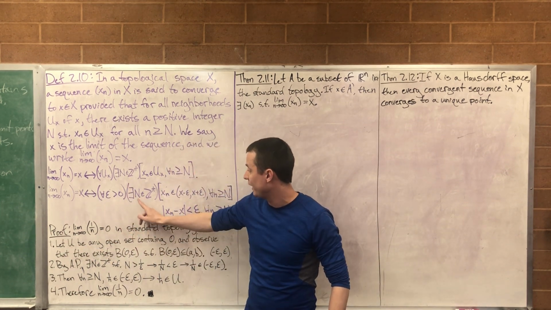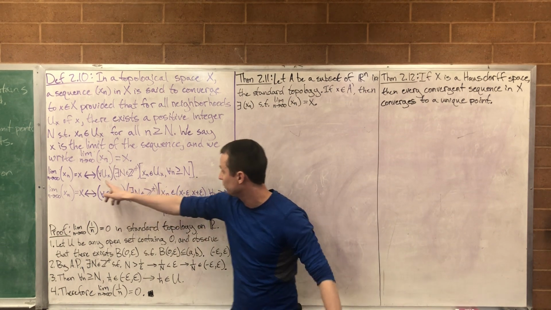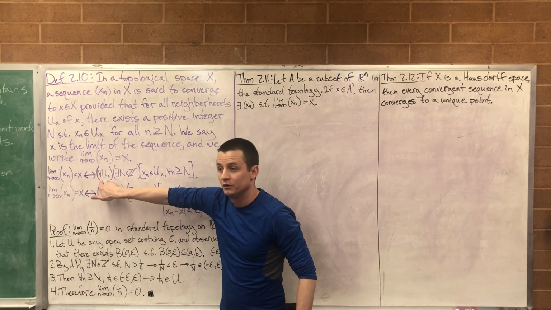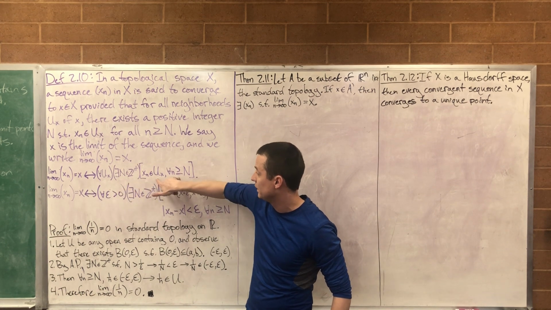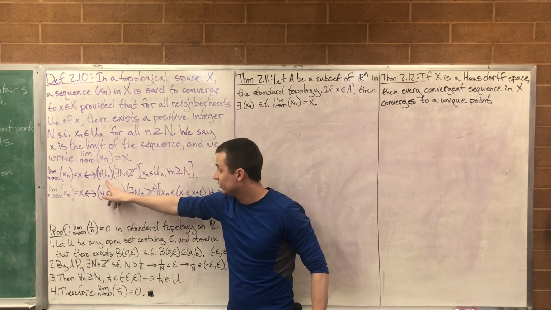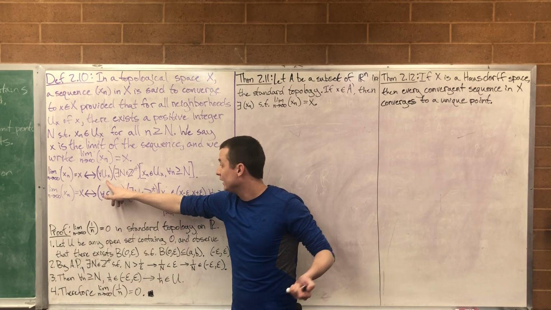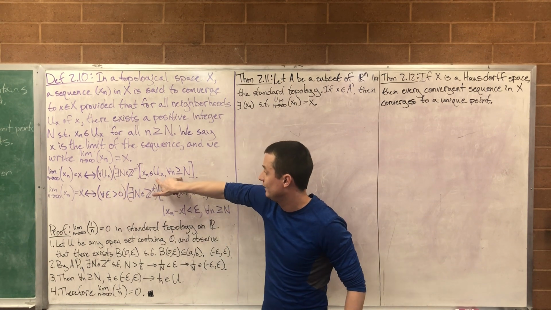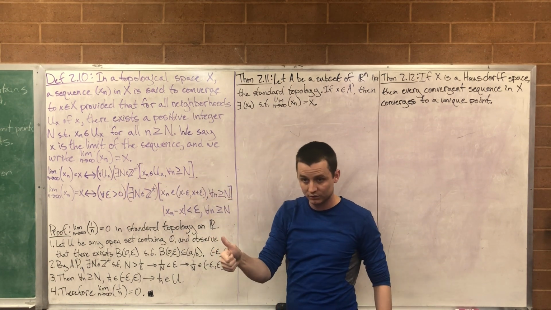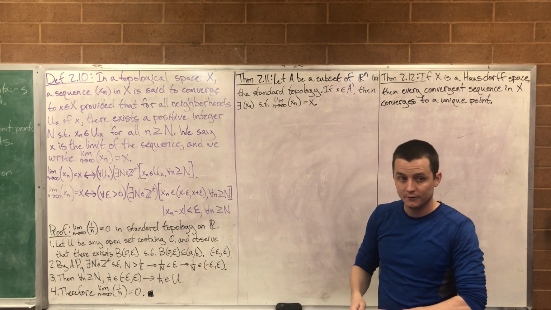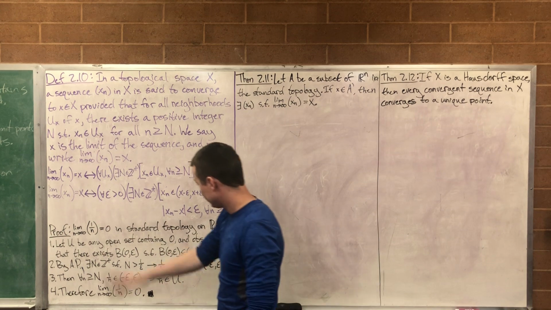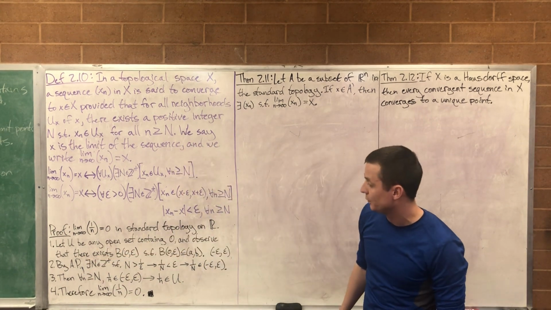My job now is to find the index n that makes this true, and then we're done. Make sense? What our job is? Wonderful. So let U be any open set containing 0.